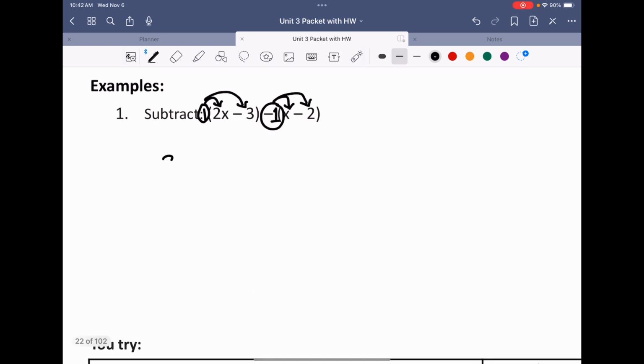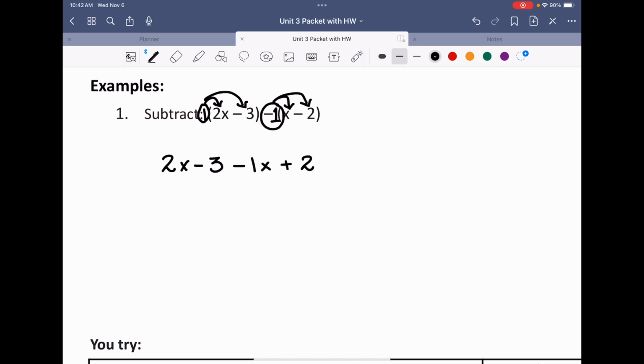So this 2x minus 3 is going to stay exactly the same, but then I have -1 times +1x, which is going to turn into -1x, and if we want to write the 1 there, we can. And then I've got -1 times -2, so I'm going to have +2.